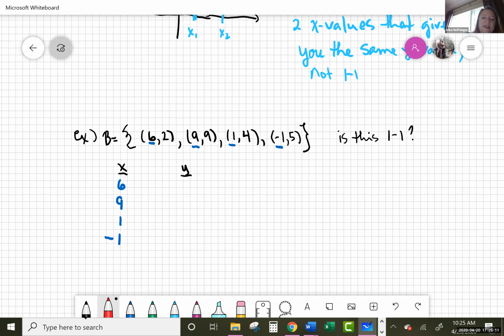And for every y value, 6 goes to 2, 9 goes to 9, 1 is mapped to 4, and negative 1 is mapped to 5. And as long as every y value only has one x value that corresponds to it, then it is one-to-one. In this case, it is.